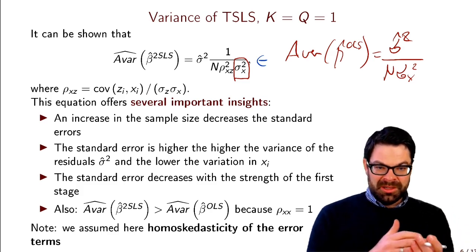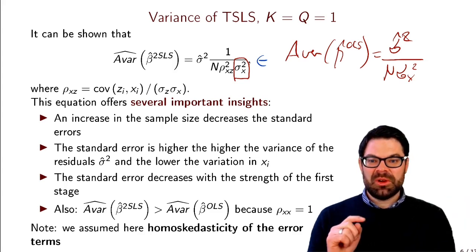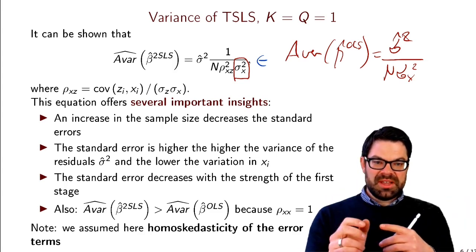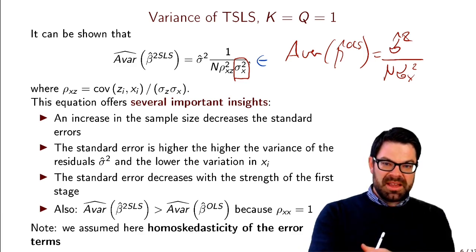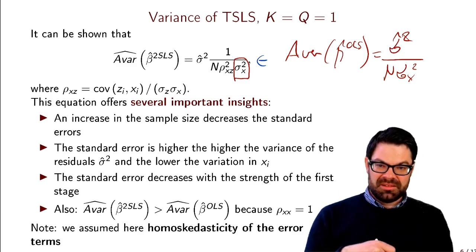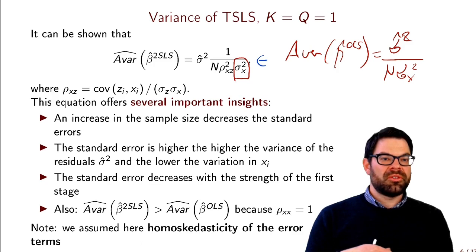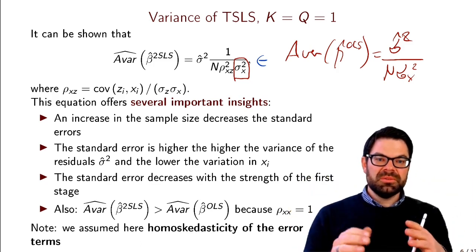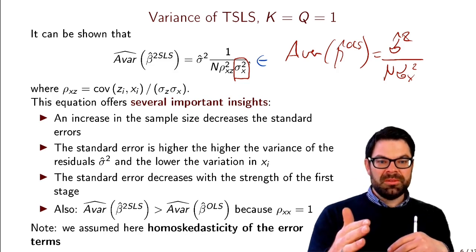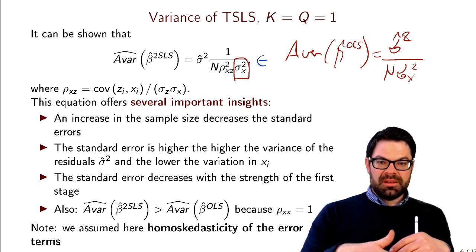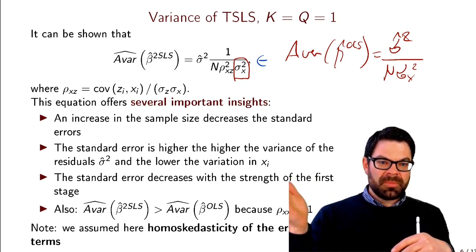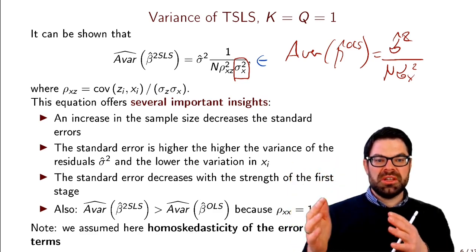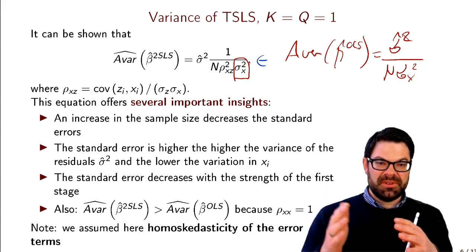So first of all, when you look at both these asymptotic variances up here, it shows that the larger the sample size, the lower is the variance. Okay, that remains the same. Also, the greater the regression error, the larger is the variance, and the smaller the variation in x, the larger is the variance.